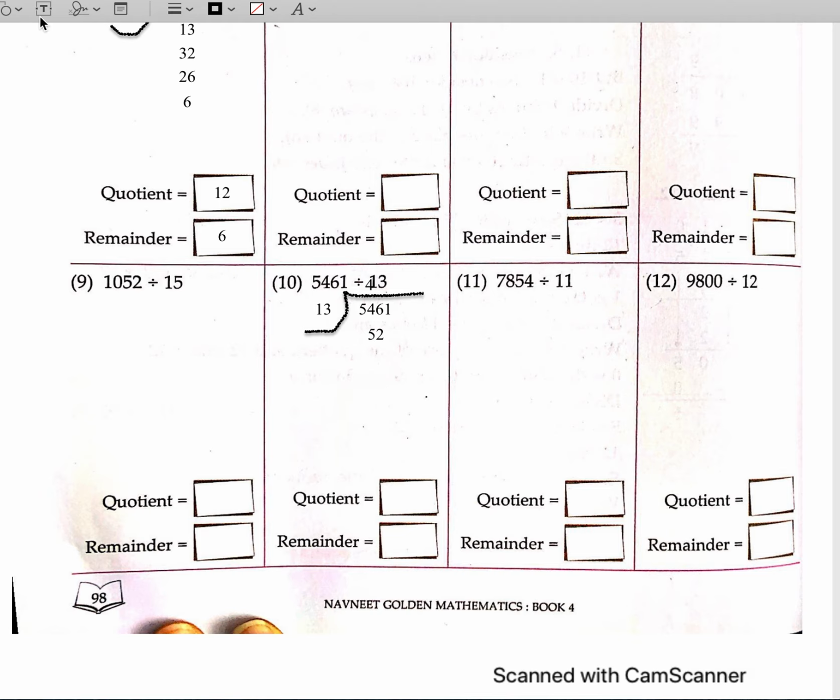Then we will minus both of them, 54 minus 52, and then we'll be left with 2. Then we'll bring down 6, so 26. Now 13 into 2 is equal to 26. That is again a perfect number. 26. We'll write 2 up.